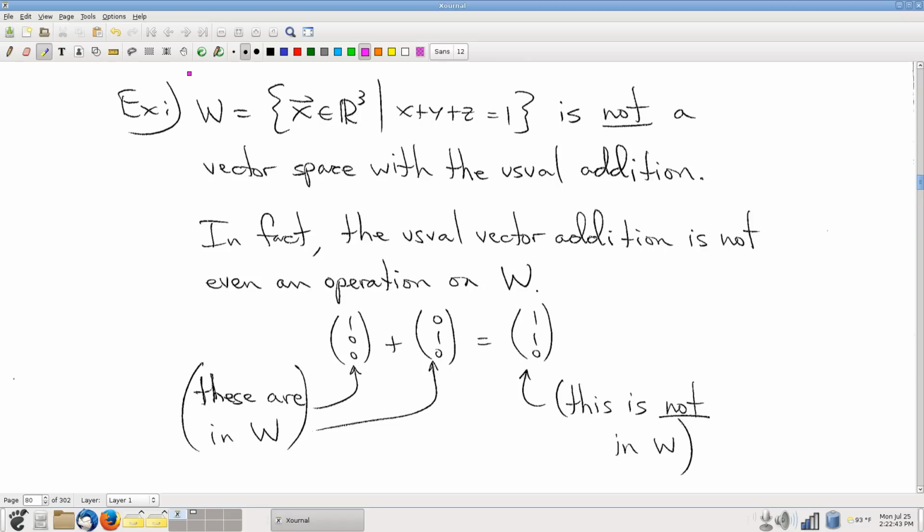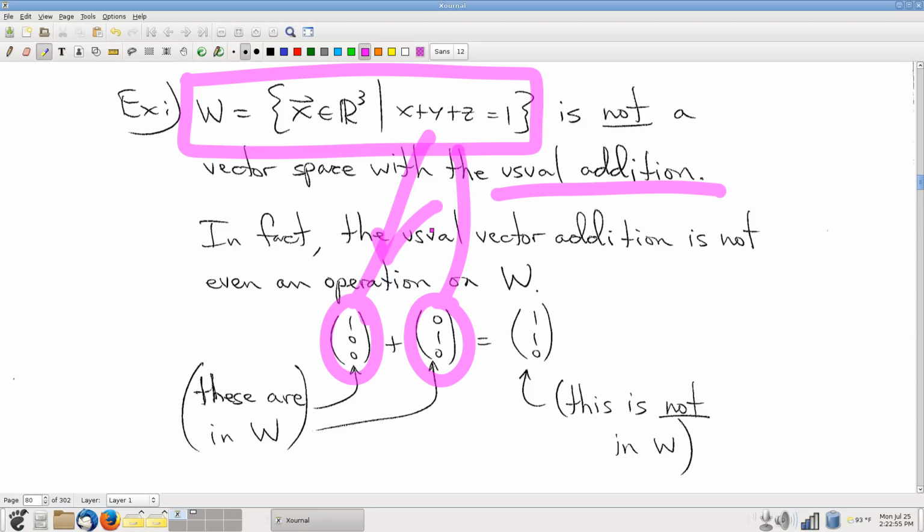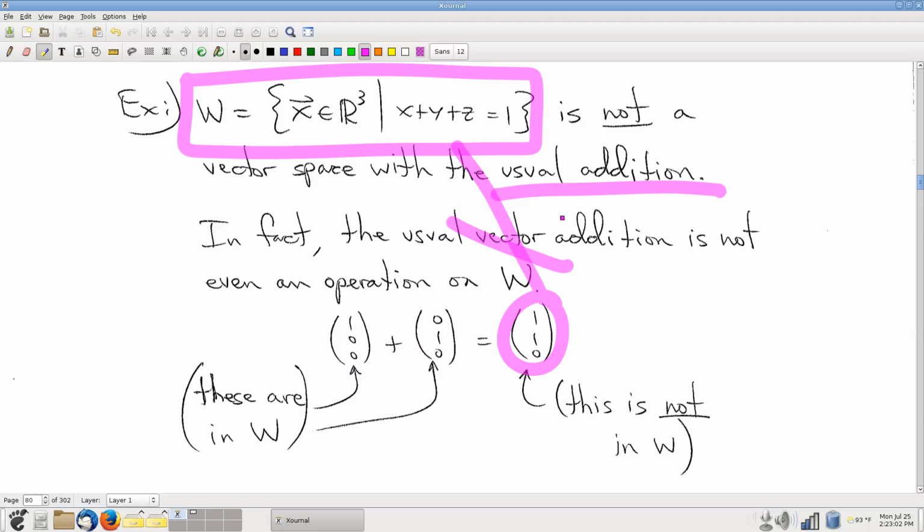We saw that this plane, using the usual addition, had this problem: this vector satisfies that equation and therefore is in W. This vector satisfies that equation and therefore is in W. But when you add them, the sum doesn't satisfy that condition anymore, right?